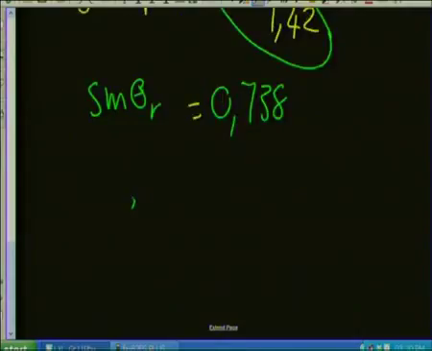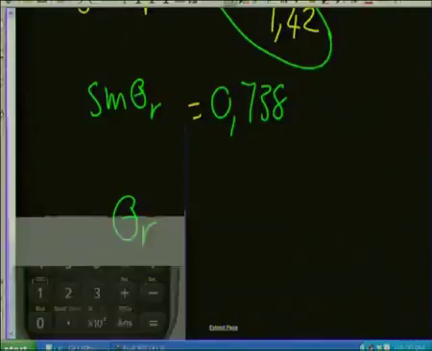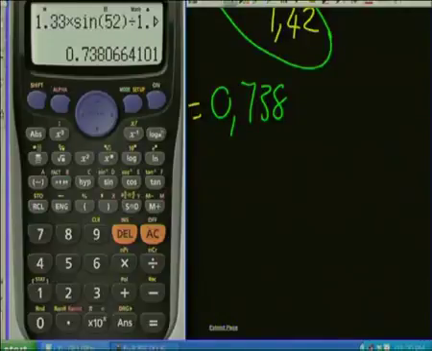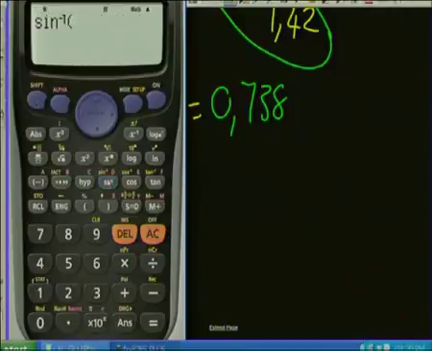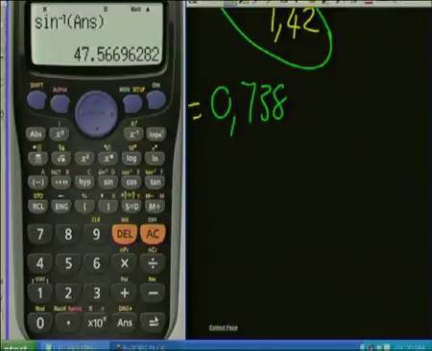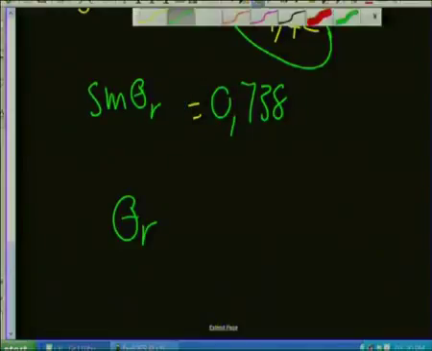Now, let's get the reflected angle. Let's use our shift function, shift sine, give the answer, and we'll get 47,57. So the angle is 47,57 degrees.